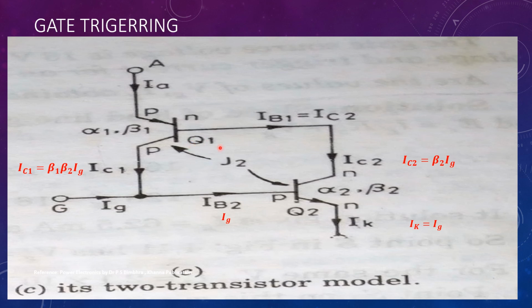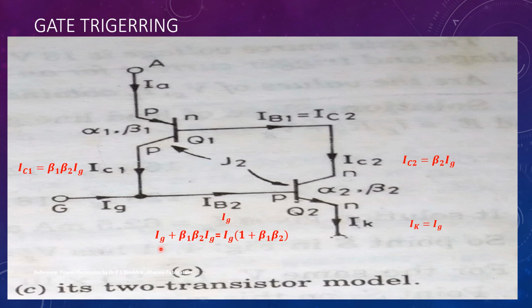For transistor Q1, since IC and IB are present, there is an emitter current IE. Since there is an emitter current present, the value of alpha increases. With the new value of IC, the new value of IB for transistor Q2 increases.